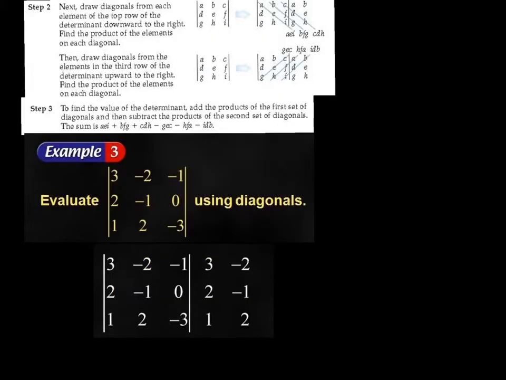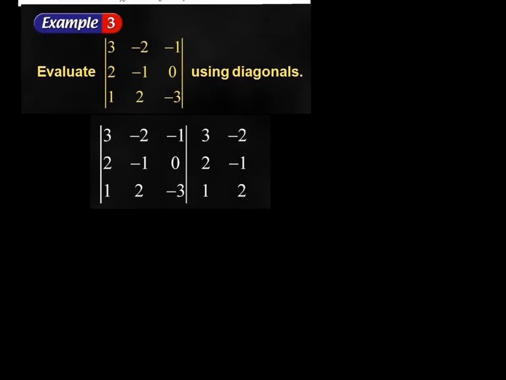Then we're going to find the product of all of the going south diagonals. Here comes my map analogy again. So we've got 9, 0 times anything is 0, and negative 1 times 2 times 2 is going to be negative 4. So that sum is going to be 5.